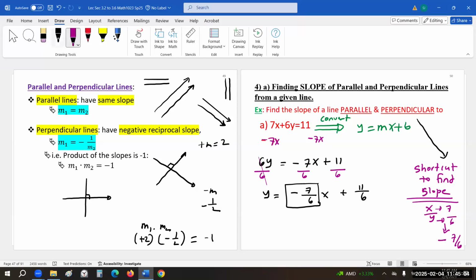Okay, so we are happy we found the slope of the given line. What does it tell us? What is the slope of that parallel line? This symbol actually means parallel. And the upside down T means perpendicular. So what is the slope of the parallel line?